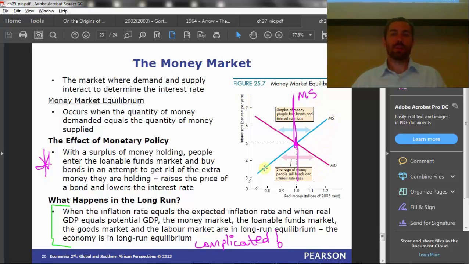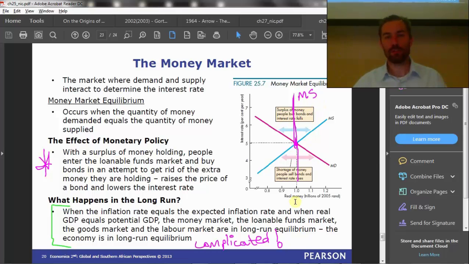In the chapter, the money supply curve is upward sloping. Usually, however, when we work with the money market, we normally just deal with a perfectly vertical money supply curve. The distinction between an upward sloping money supply curve and a vertical money supply curve has to do with how much control you think the banking sector has on money supply.